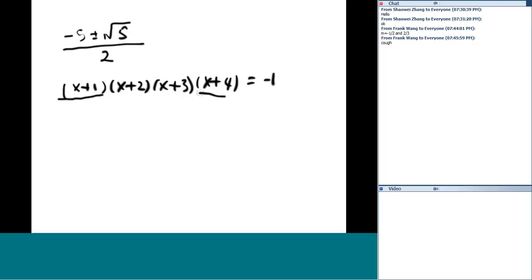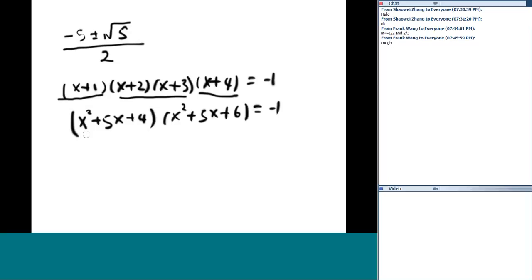That actually is a pretty interesting problem. You see, x plus 1, x plus 2, x plus 3, x plus 4 equals negative 1. So you want to multiply those first. You get x squared plus 5x plus 4. Then you multiply those two together, you get x squared plus 5x plus 6.